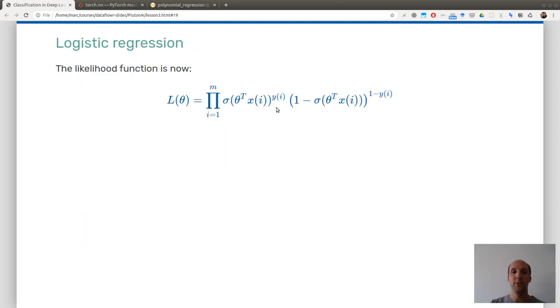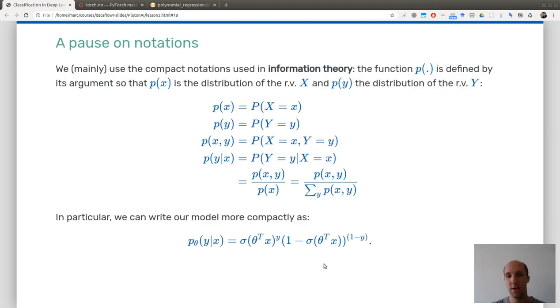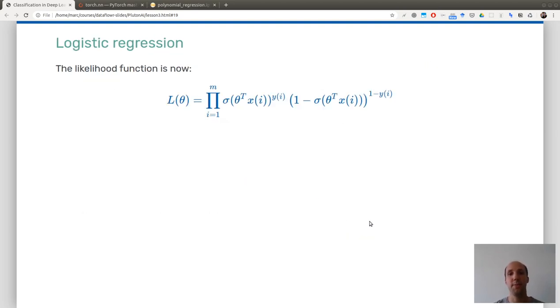Okay, so now we have our model, and like in the linear regression, what we want to do is estimate the parameter theta from samples, from the dataset. So let's do the same thing as what we did in linear regression. We can write the likelihood function. Again, I'm assuming that everything is IID, so this is why I have a product over my sample, and this is just the distribution I showed you before.